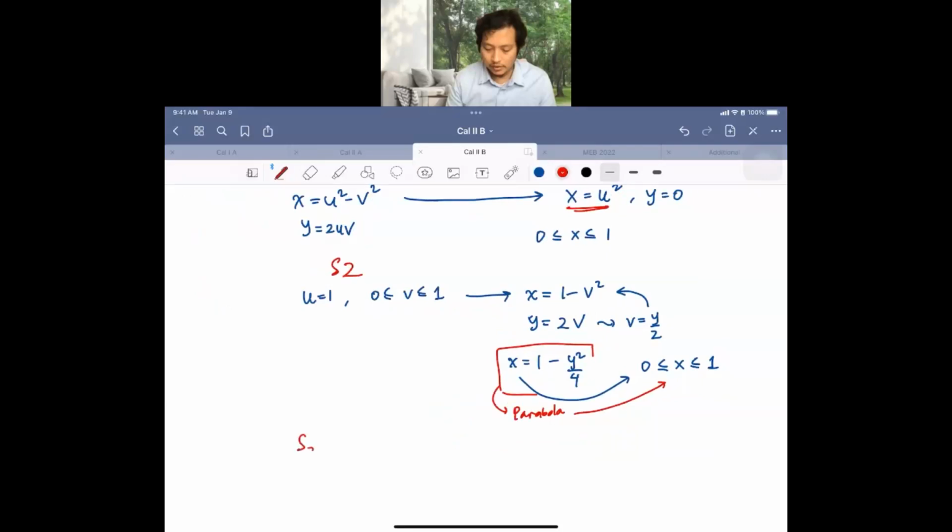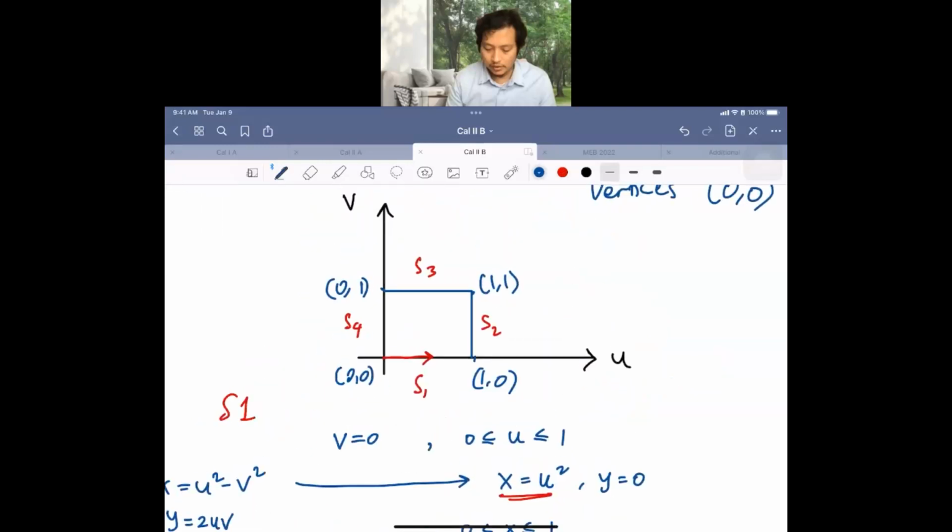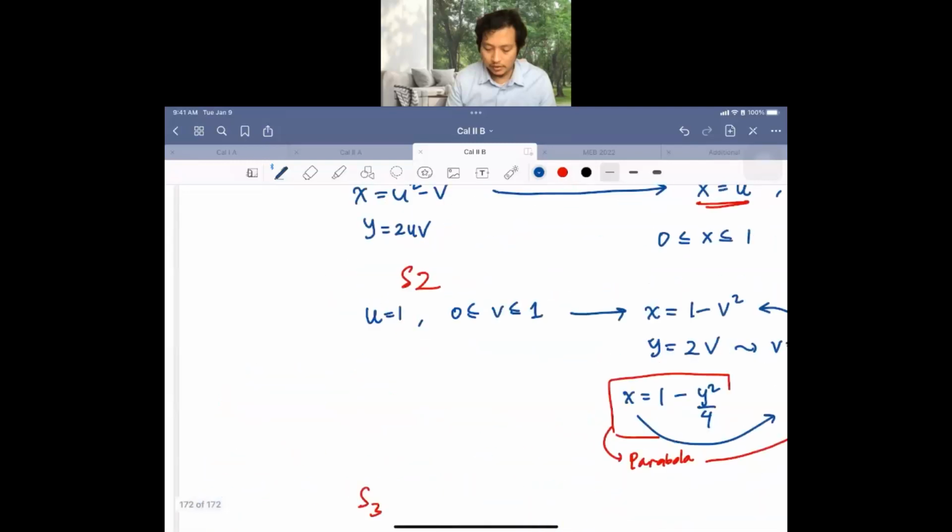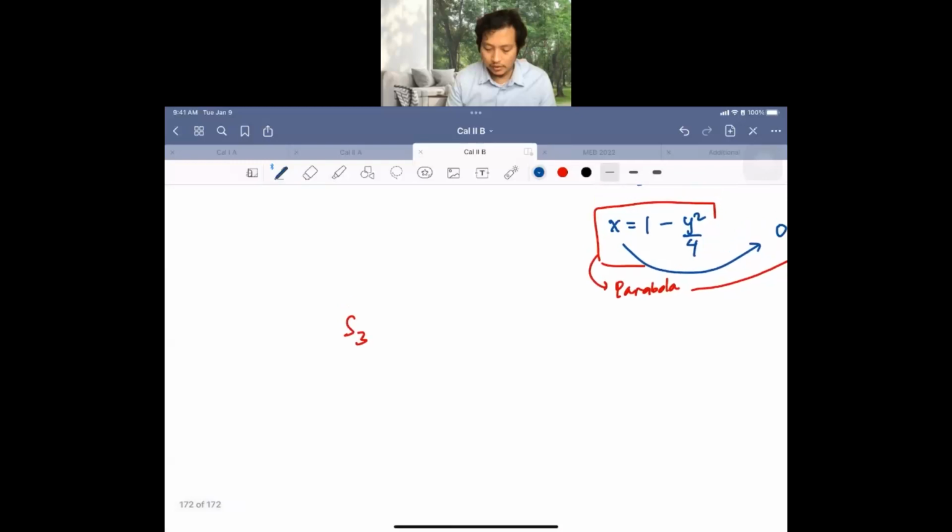And similarly, S3 is this part, where u changes from 1 to 0. So v is 1, and u goes from 1 to 0.